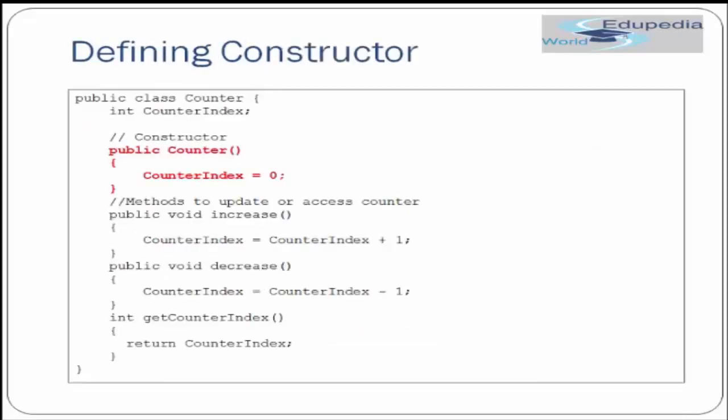So this is the program. First, the Counter object is created with counter index equals 0. As soon as we do new Counter, the constructor gets called and the counter index is initialized to 0.